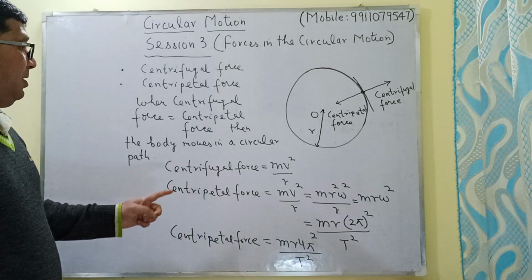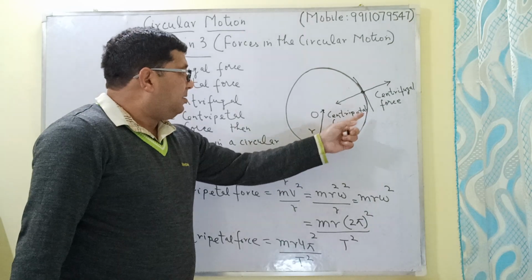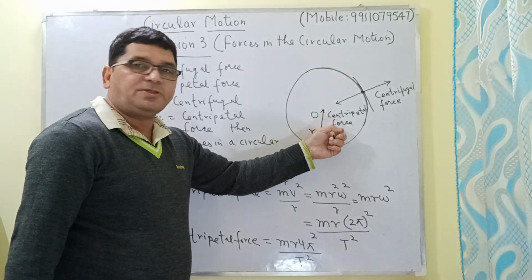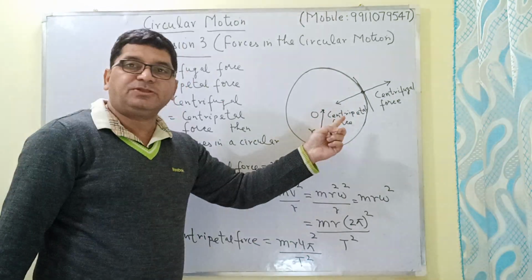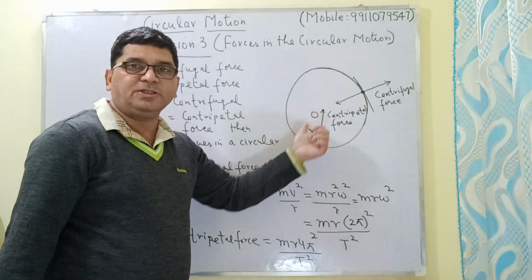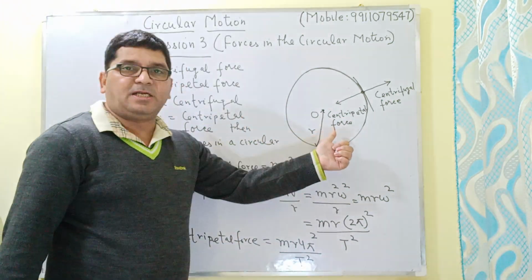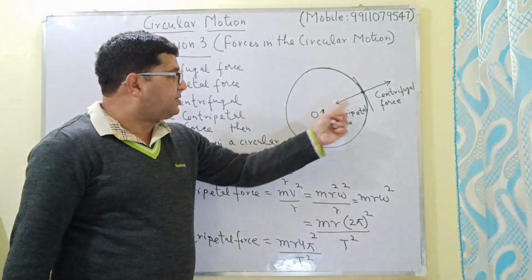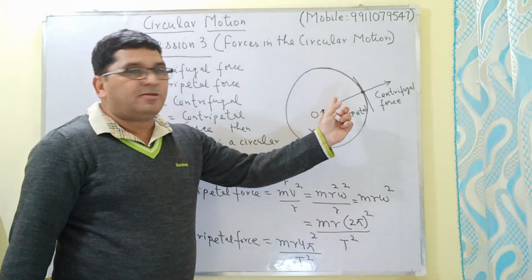Now the most important thing here is, if the body is moving in a circular path, then the centripetal force should be directed radially inward. Radially inward means that this centripetal force will be directed towards the center of this circular path, as shown in this figure, and this should be equal to the centrifugal force which is directed radially outward.